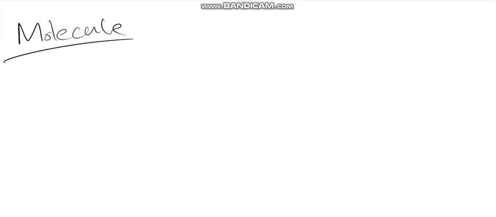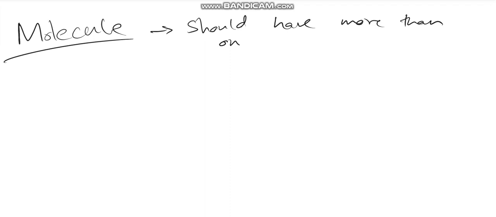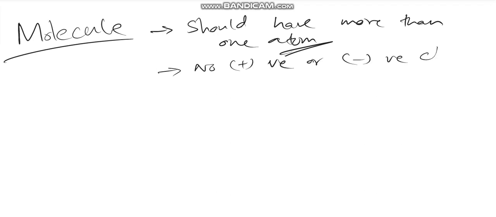And normally the molecule doesn't have positive or negative ions. So a molecule is made of non-metals mostly, but more than one atom should be there. So a molecule should have more than one atom. Second one is no positive or negative charges. A molecule should not have them.